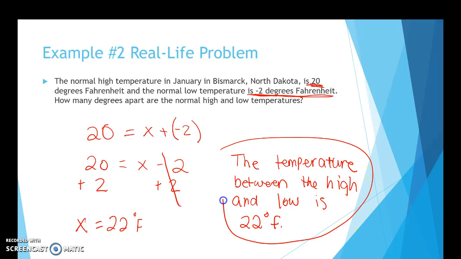That would be fine. So you need to show your solution steps, find your answer, and then since it's a word problem, restate the question by saying it in a sentence here.